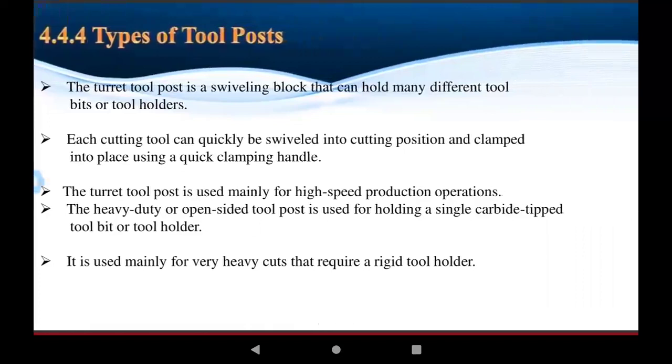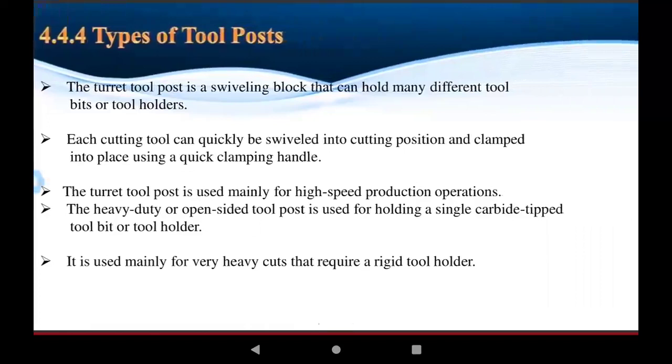Types of tool post. The turret tool post swings back and holds different tool bits and tool holders, which also provide support and holding for the tools. Each cutting tool can quickly be swung into the cutting position and clamped in place using quick clamping handles.